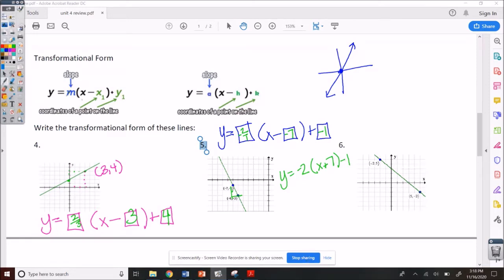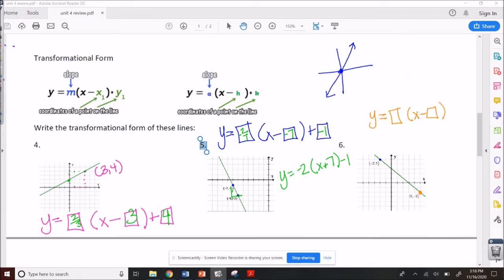Okay, and last example, again, I can use whichever point I want. I'll use this point down here just for fun. So y equals a, x minus h plus k. Okay, so my point is 5, -2. So 5 here, -2 there, and I've got to count out my slope.